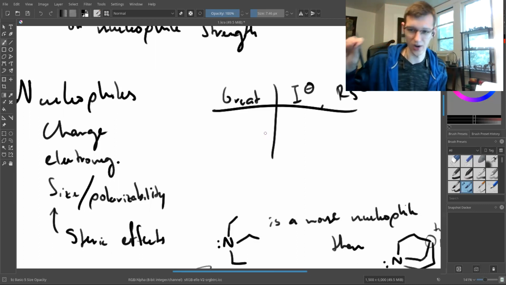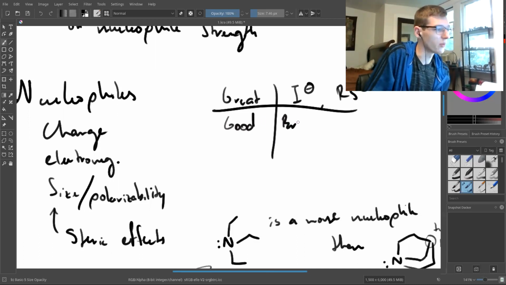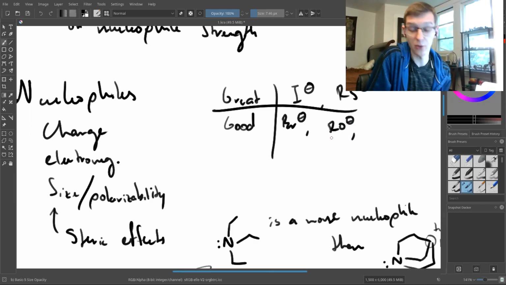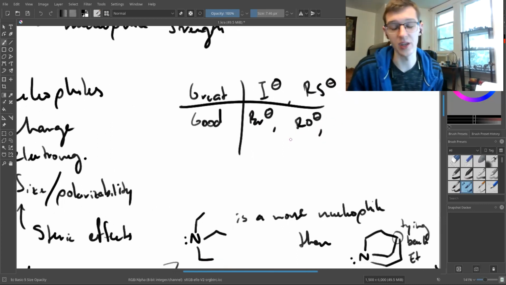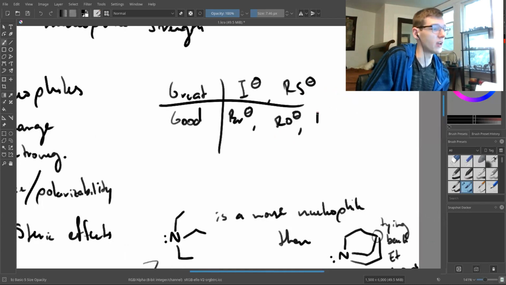It's just a primary thing that's jutting out. Here we go. Here's some good ones. Bromine is a pretty good nucleophile. Oxides, so something with an oxygen minus, that could also be HO minus, are pretty good.